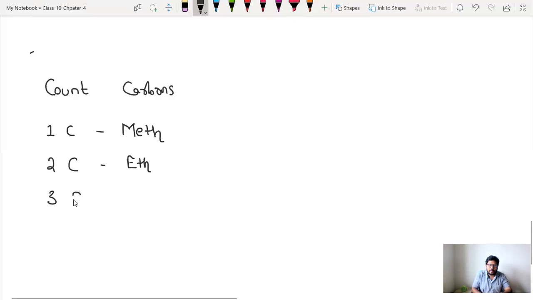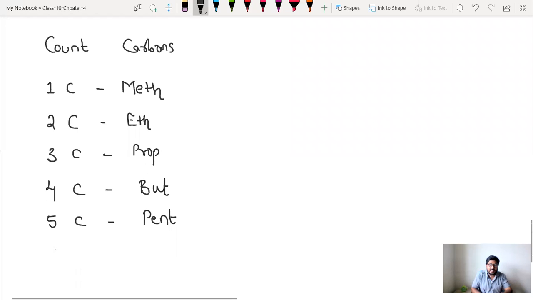Three carbons, prop. Four carbons, but. Five carbons, pent. Six carbons, hex. So try to remember meth, eth, prop, but, pent, hex.